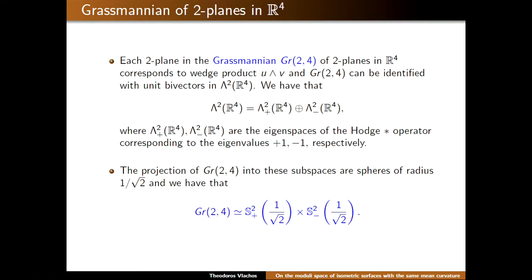And of course, we have the splitting of the vector space of bivectors in this way, where Lambda 2 plus and Lambda 2 minus are the eigenspaces of the Hodge star operator corresponding to the eigenvalues 1 and minus 1. In this way, the Grassmannian can be identified with the product of those two spheres.